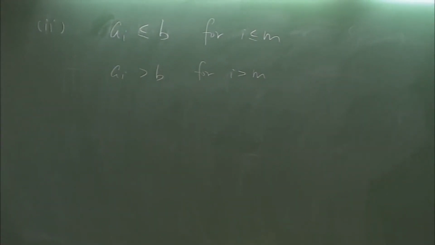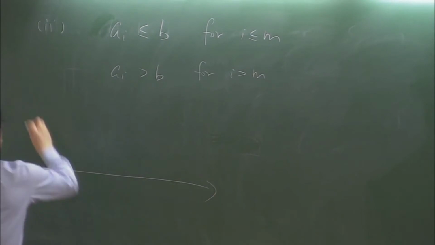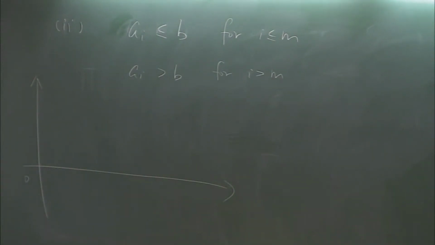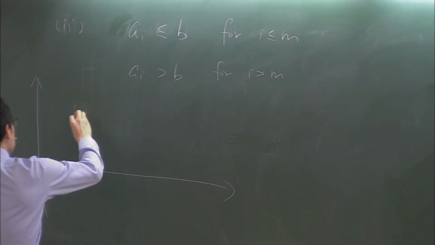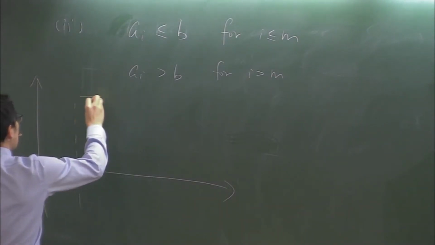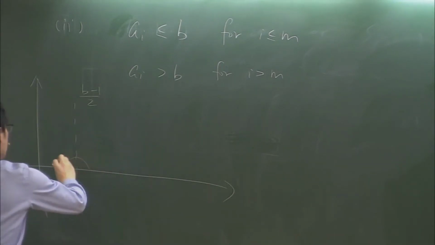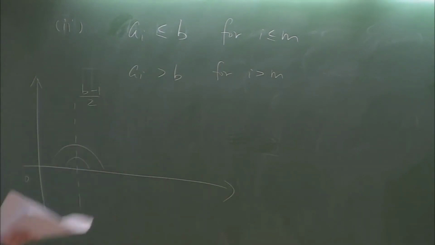Okay? And the impact when you're just drawing these intervals is as follows. For all those A_i less than B, you will get intervals which are centered around B minus 1/2. So they will be in this shape. And remember, you will give them a negative sign.